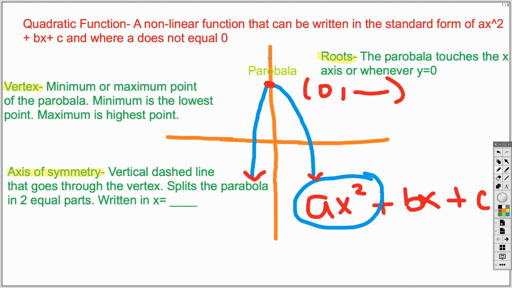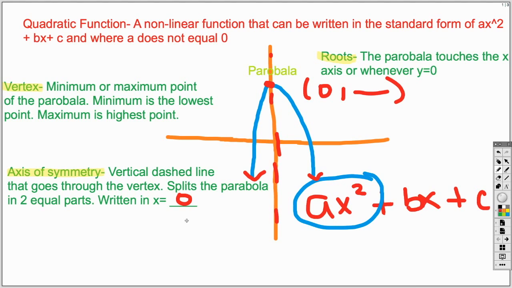So where are we going to fold? We're going to fold here, at the vertex, and if we fold this part, it would align perfectly with that part. Here, our axis of symmetry, looking at our x-axis, is 0, so x would equal 0. It doesn't always have to equal 0, but in this special case, it is 0.